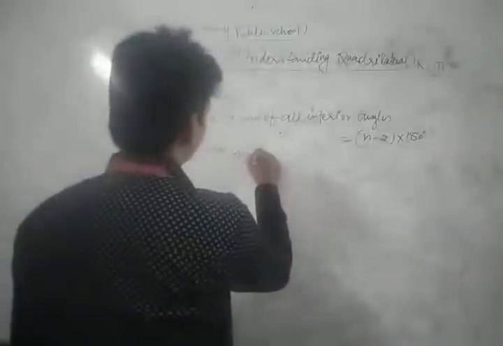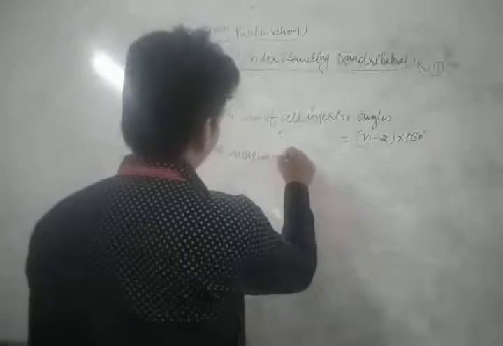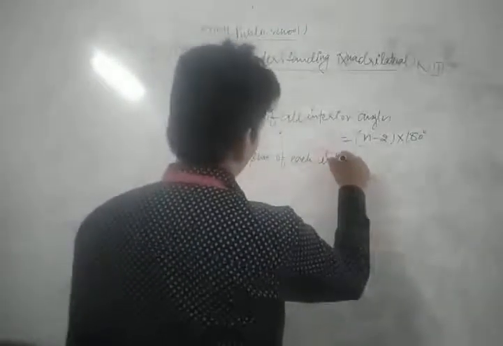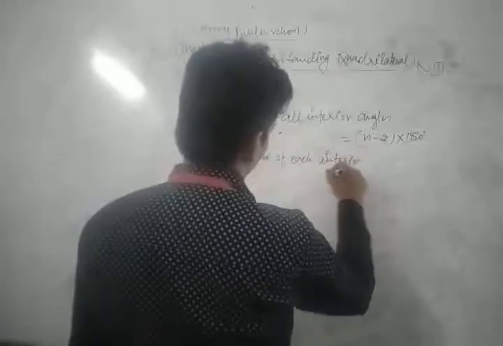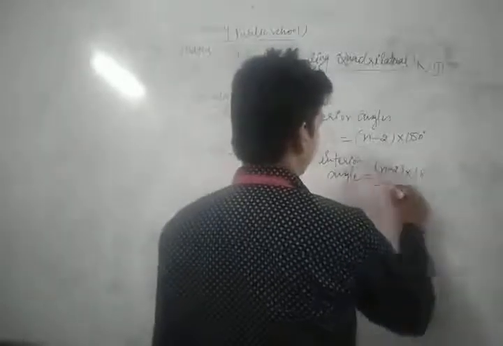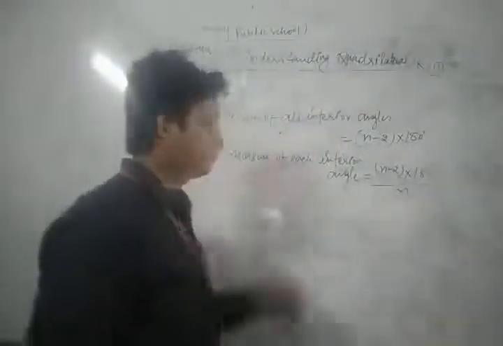So the measure of each interior angle is what? The measure of each interior angle is equal to that value divided by the number of sides. Here n is the number of sides. If we divide that formula by n, then we get the measure of each interior angle.